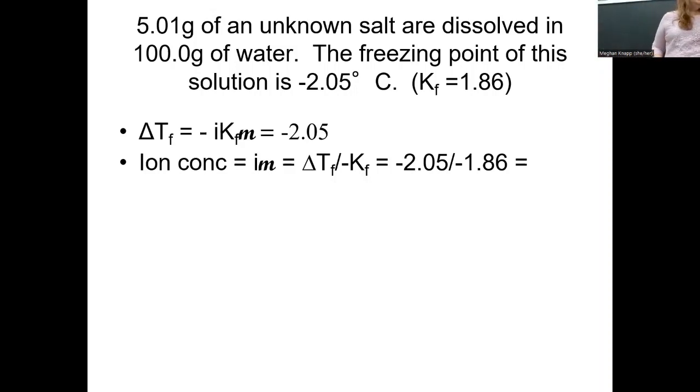And why am I putting the change in temperature on top? Think about when you rearrange an equation, you want to get the part that you're looking for by itself.